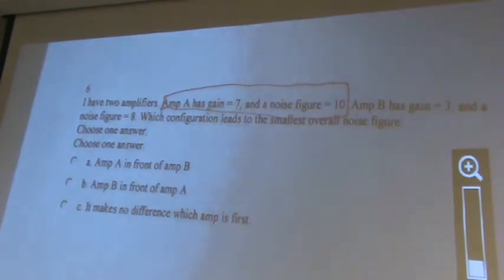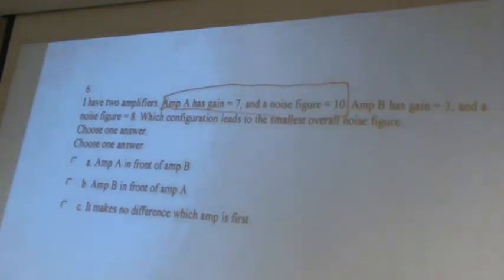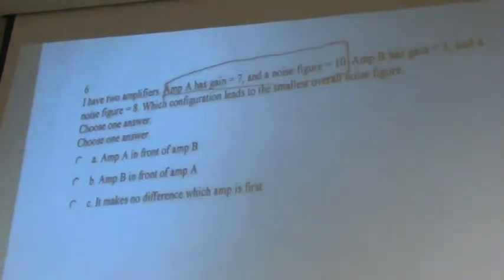Which one leads to the smallest overall noise figure? So I gave you something real super short, I think 2 pages, and then I snuck in that marketing stuff on noise figure. That stuff was basically 2 pages.